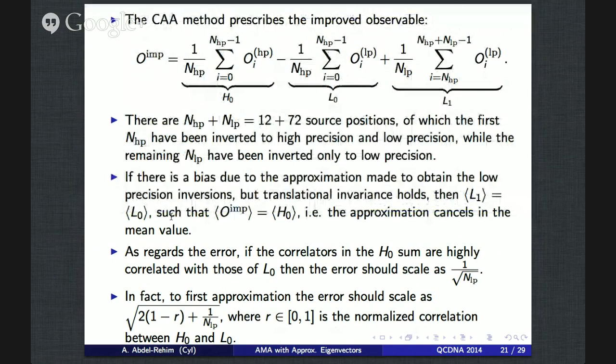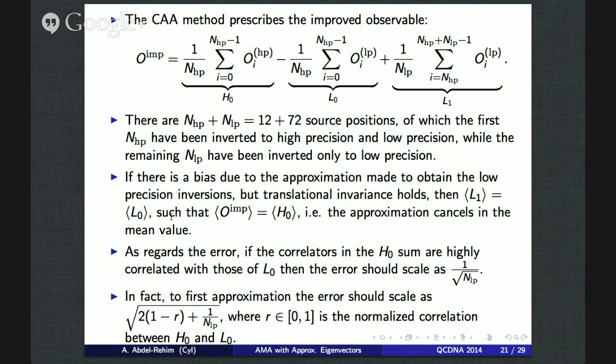Our improved estimator is given by this expression, which is very much the same as what I did before, but instead of using only one source location, here I use 12. So this will be 12, 12, and this will be the 72. This estimator is divided into 3 pieces. H0 is the high precision, minus L0 is the low precision for the same source locations, and L1 is the 72 extra source locations that we have done here.